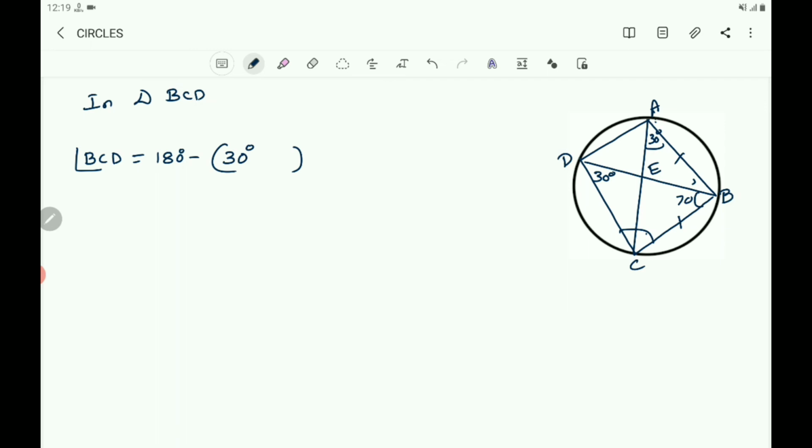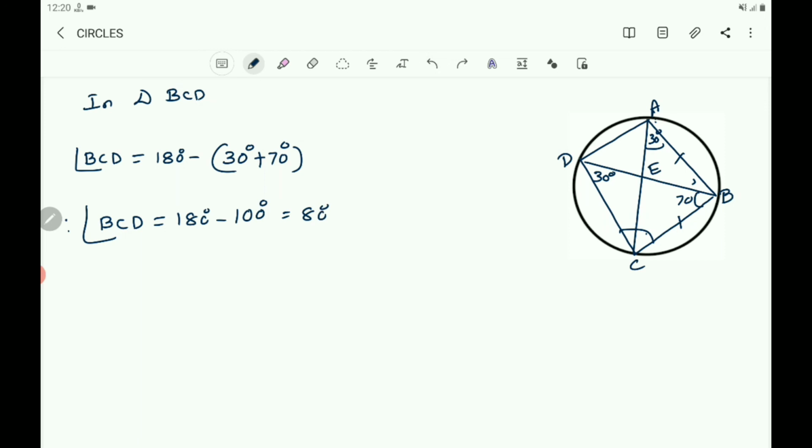The known two angles are 30 degree and 70 degree. Therefore, angle BCD equals 180 degree minus the sum of 30 degree and 70 degree, which is 100 degree, that equals 80 degree. So you got the measurement of this angle.